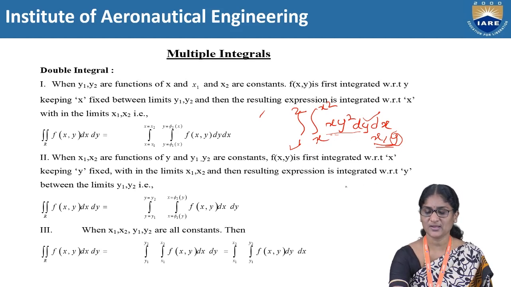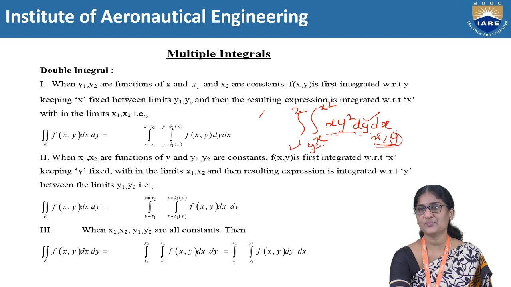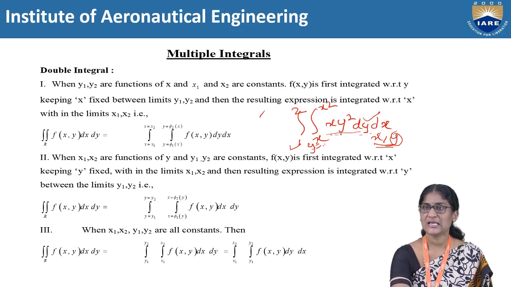First check which variable the limits belong to. As they are in terms of x and x square, these will be the limits for y. So y is equal to x and y is equal to x square, x into y square dy dx. First we integrate with respect to y and convert everything in terms of x, so the double integral is reduced to a single integral in x. Then you integrate with respect to x.